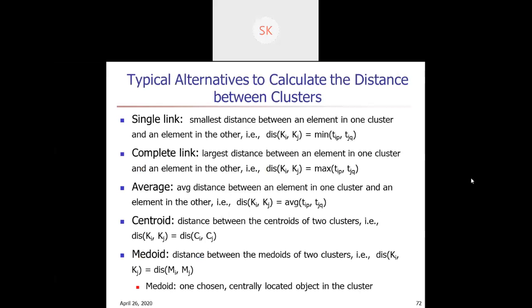First, the single link method: the smallest distance between an element in one cluster and an element in the other cluster. Here the distance between Ki and Kj is equal to the minimum of the distance between Tip and Tjp. Tip and Tjp are the objects, and we take the smallest distance between an element in one cluster and the other.